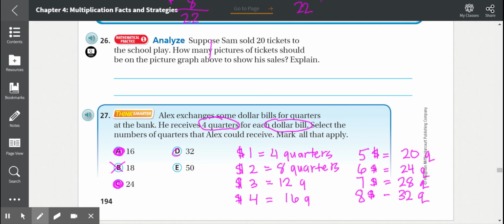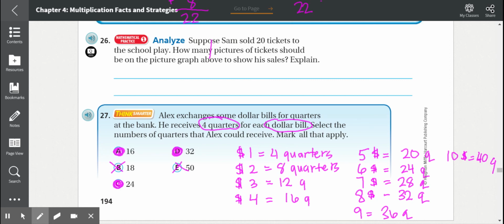So he could get 32. And if he gave the cashier $9, he'd get 36 quarters. And if he gave the cashier $10, he'd get back 40 quarters. So he wouldn't ever get to 50. He would pass 50.